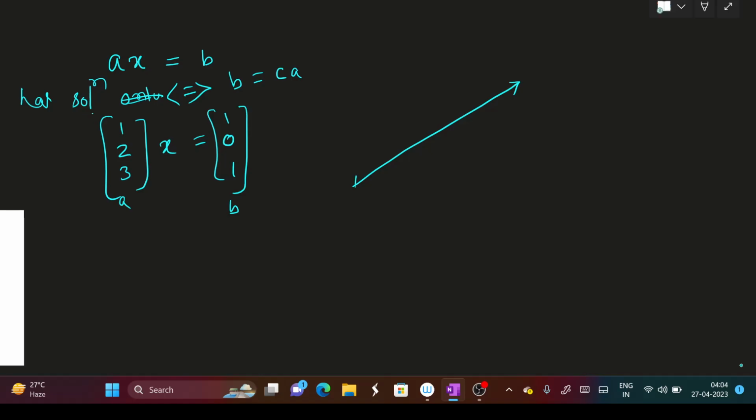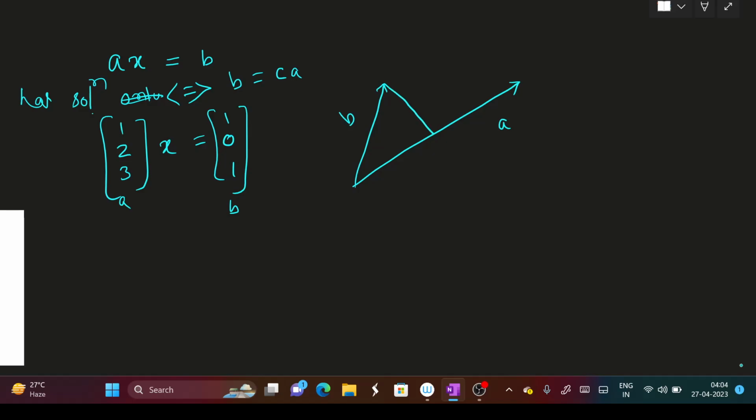So what I have to do is, this is my b, which is given, and this is my a, given. Now I want a vector p which is along a and which has minimum error with b.